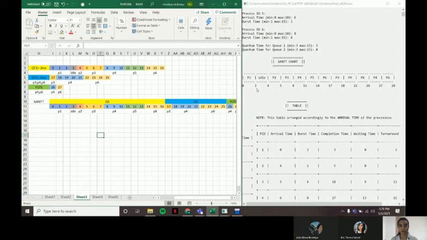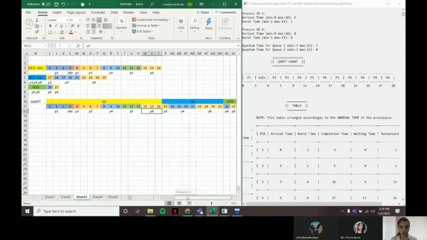So here, P1 will process at 0 to 3, and there will be idle, which is no processes. P2 will process at 4 to 5, and P3 at 5 to 8. P4 processes at 8 to 11. P5 processes at 11 to 14. P6 will be processed at 14 to 17, and so on and so forth.